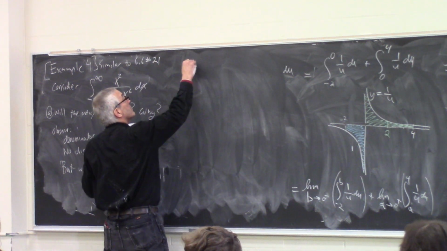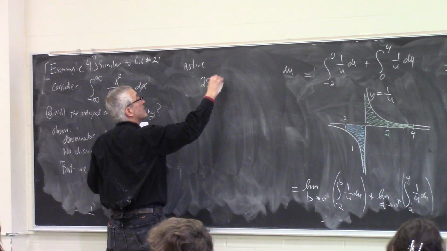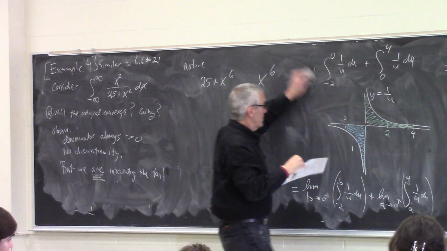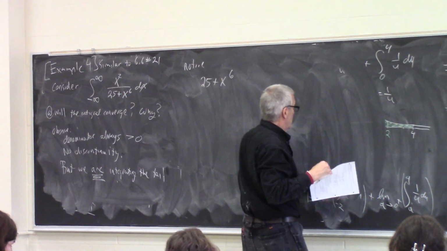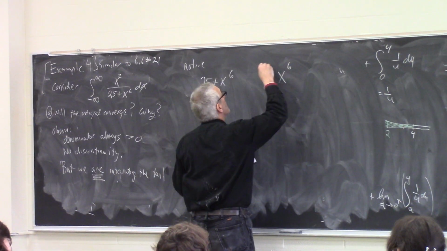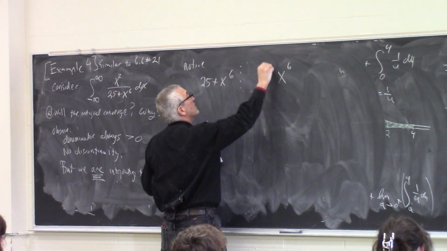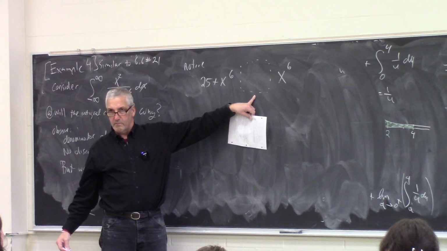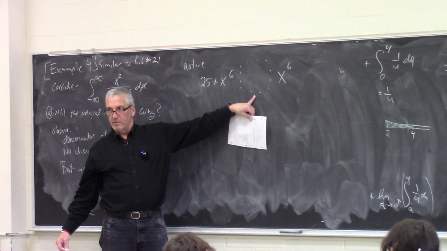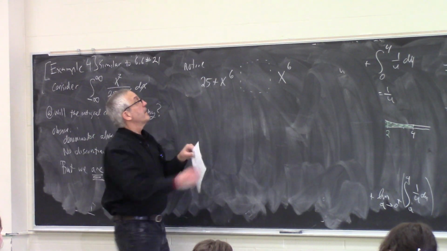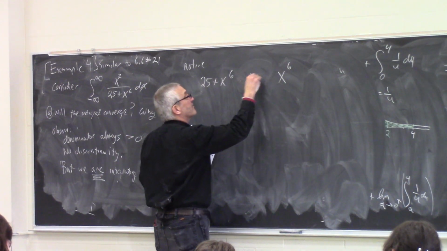Well, notice that what would go in that dotted box? Starts with g and rhymes with greater than. Greater than. X to the fifth, 25 plus x to the 6th is greater than x to the 6th.